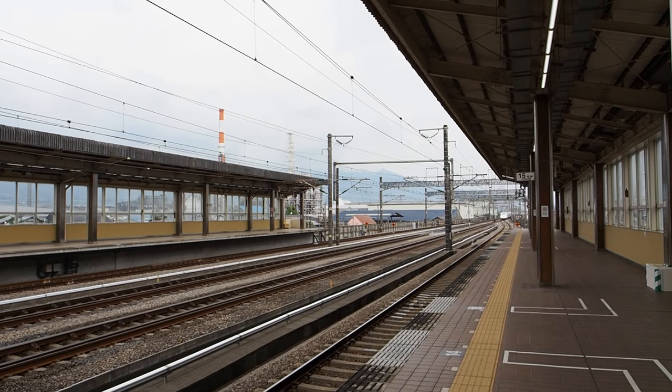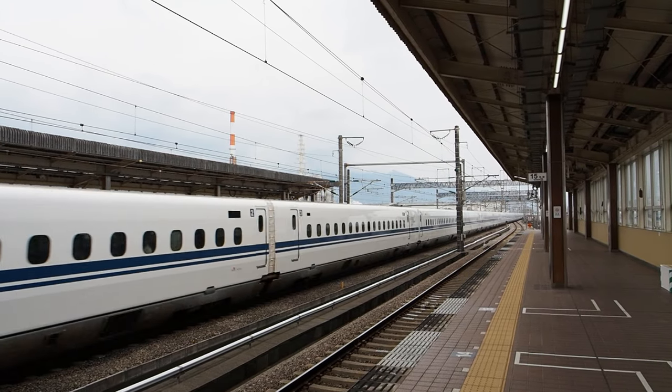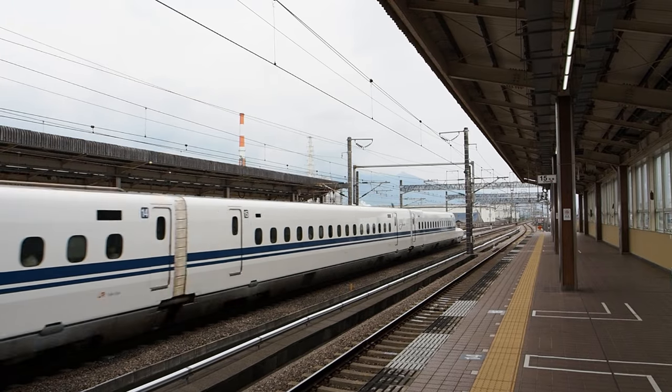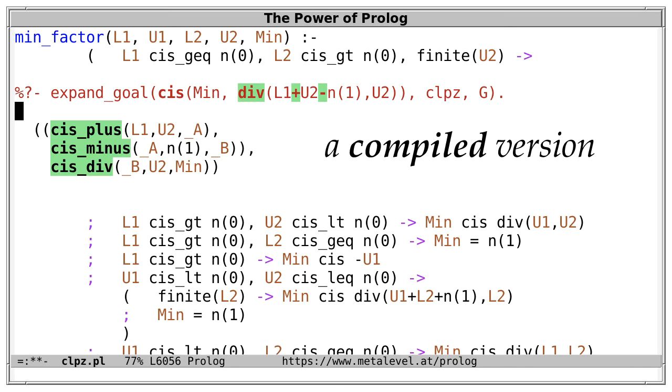And indeed, this is measurably faster. It's not a big speed up, but it's nice to have. And goal expansion makes it very easy to implement. And we could push this even further. For instance, the constant 1 could also be compiled away with a specialized version of kiss minus that always subtracts 1.